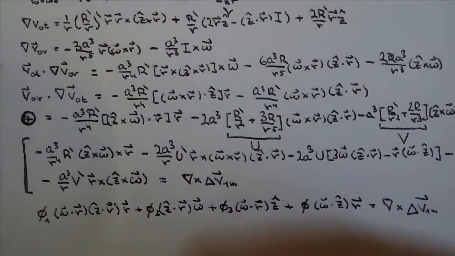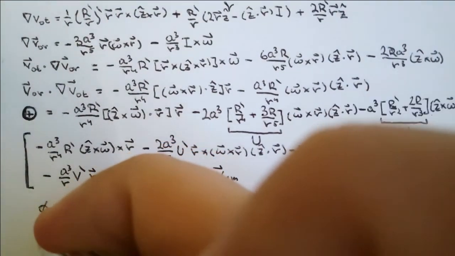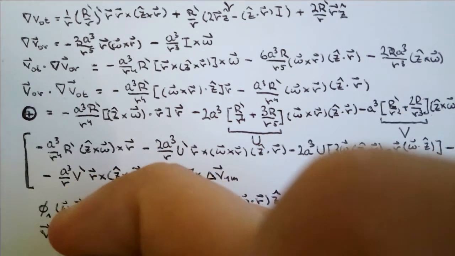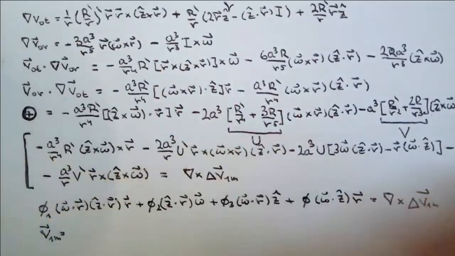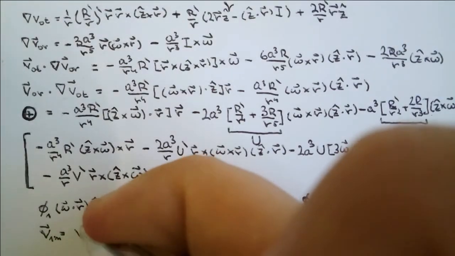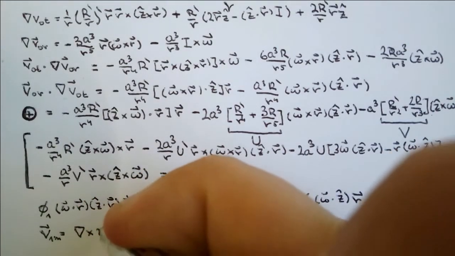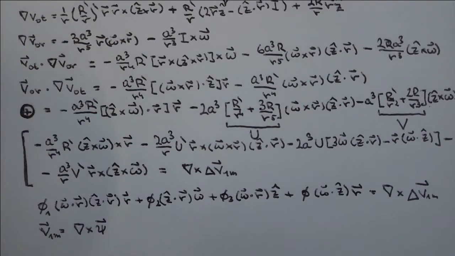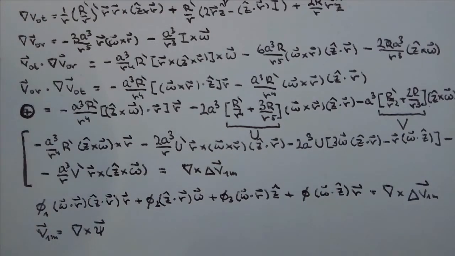I can guess that V1m is some curl of a function psi 1m, or just psi. Don't bother with psi 1 and psi 2, etc. So it's just psi.